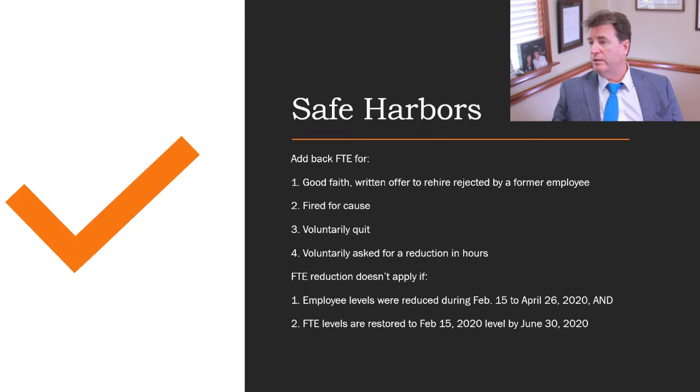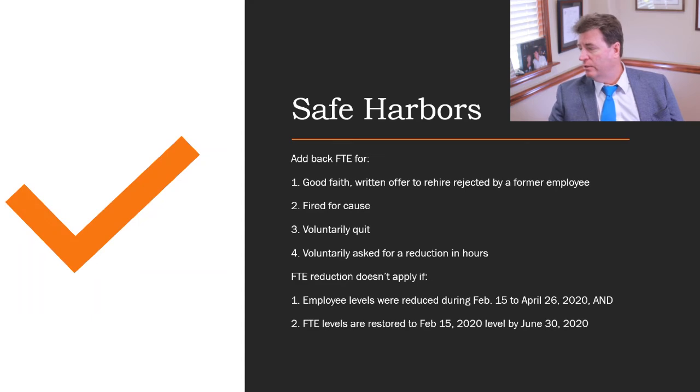People have been concerned about, look, I've got somebody who either quit or I needed to let them go, and do I have to struggle to replace them right away? Well, there is a safe harbor, and you can actually just check a box and use the 1 instead. And this is the safe harbor: if you reduced your employee levels from February 15th to April 26th, and you hire so you're at the same level by June 30 as you were on February 15th, there's no reduction for this FTE modification.